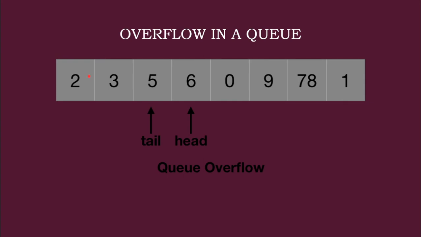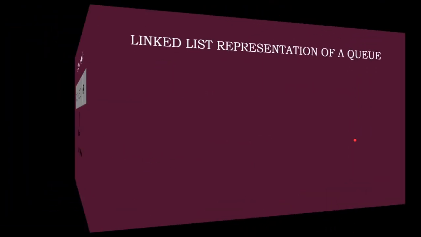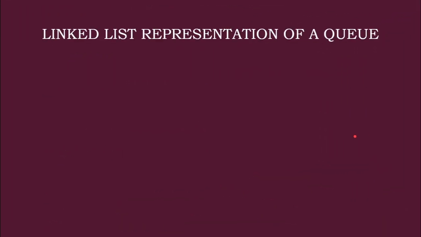We add some value at the tail, then tail becomes tail plus 1. And when the tail is right before the head, that position is called queue overflow. Normally the tail is followed by the head, but now the head is followed by the tail. This condition is called queue overflow. So that's all for the queue representation using the array.